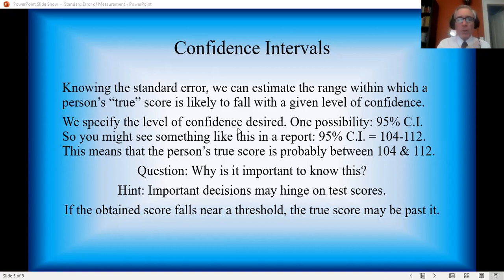It's on one side or the other of that threshold. Well, the fact is, because there's error built into your test, and there's no way not to have this, because of that built-in error, you could be looking at someone who actually falls on either side of that threshold. And in such cases, these are ambiguous cases, right? In such cases, you'd want to take into account all the other information you have available before making a final recommendation. That's why it matters.